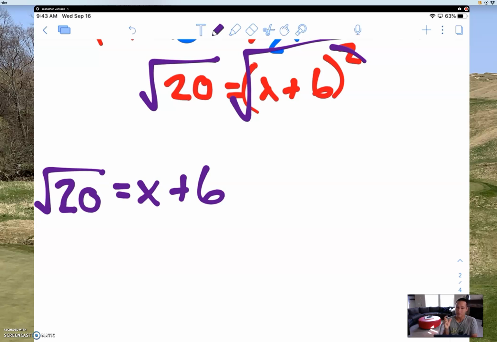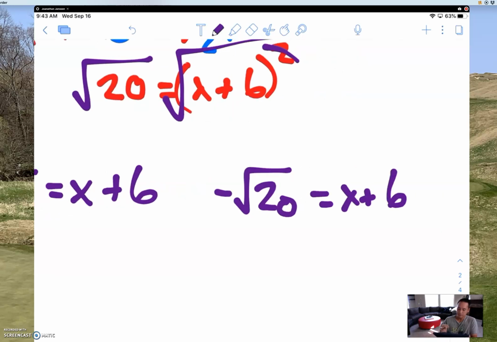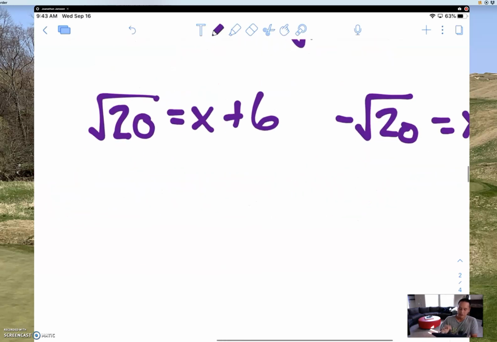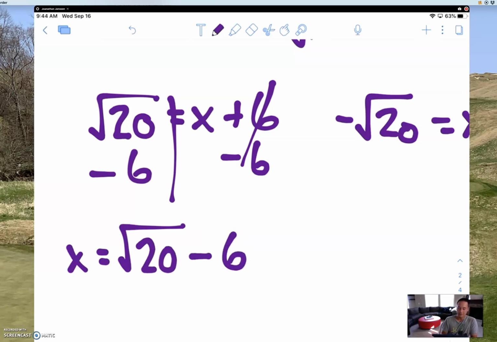However, remember there is a negative component to that, so we're also going to set up negative square root of 20 equals x plus 6. So now if you're solving for x, you can subtract 6 from both sides, and your final answer is going to be the square root of 20 minus 6.